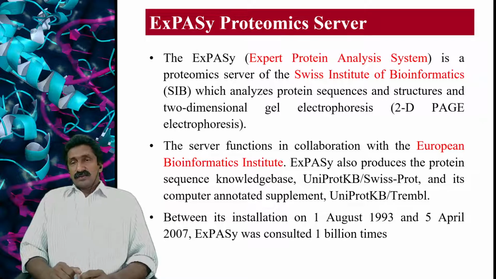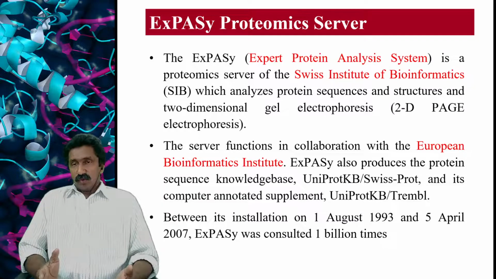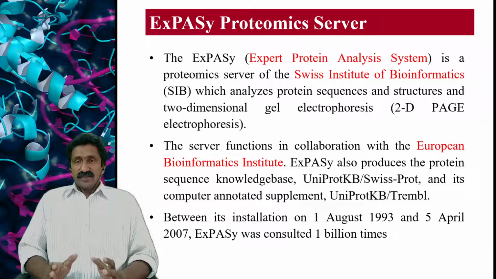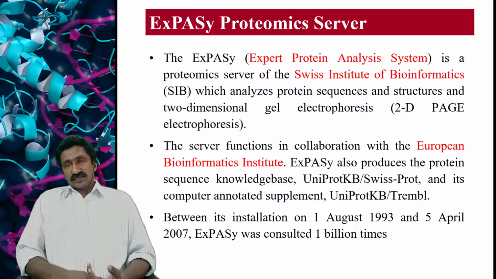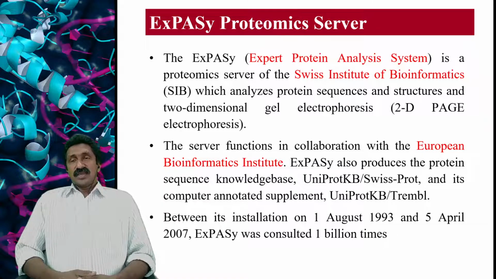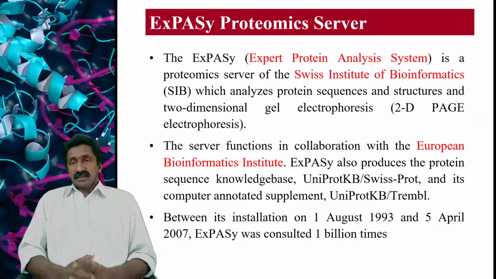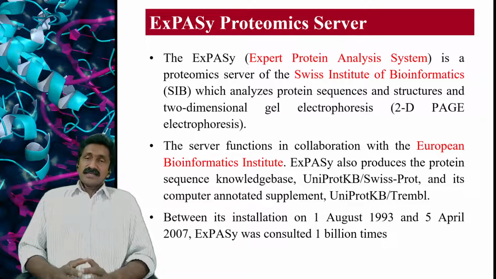So scientifically speaking, you can depend on SwissProt more because it is verified information, actually sequenced information, and manually verified information. Whereas the computer-annotated supplement of the protein sequences and annotations are present in the TrEMBL database. That can be expanded as the translated EMBL database.